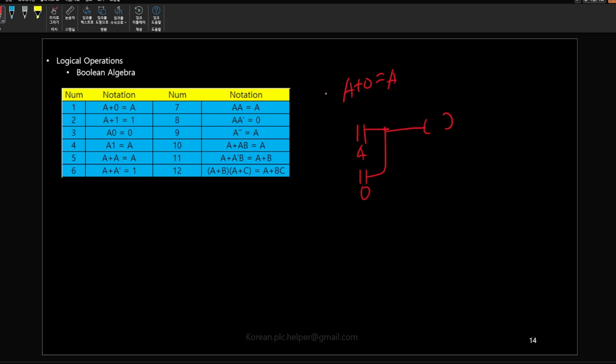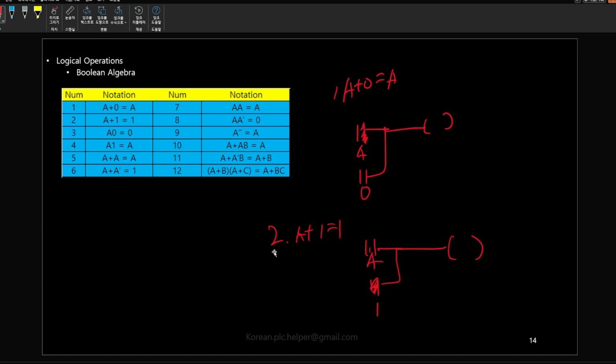Since it is an OR gate with A and 0, the output always equals A. Number 2, A plus 1 equals 1. It is an OR gate with A and 1 in parallel. The output is always on because 1 is always on.